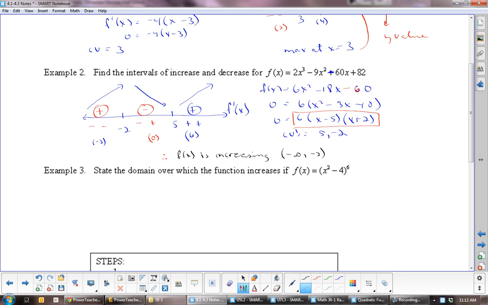Round, because if we include -2, it's not increasing there, it's 0. Okay? And then, since there's 2 of them, we're going to use union, and then 5, comma, infinity. Okay, and decreasing -2, comma, 5.